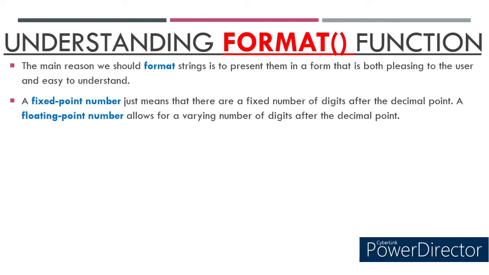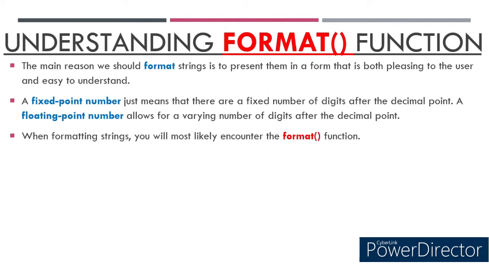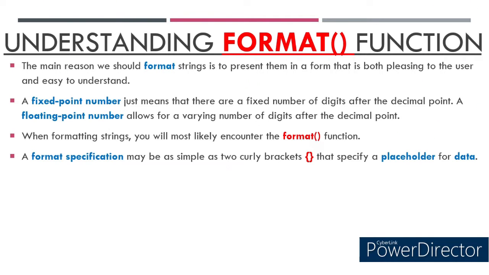You have quite a few ways to format strings and you will see a number of them as we progress through the course. However, the focus of most formatting is the format function. You create a formatting specification as part of the string and then use the format function to add data to the string. A format specification may be as simple as two curly brackets that specify a placeholder for data.